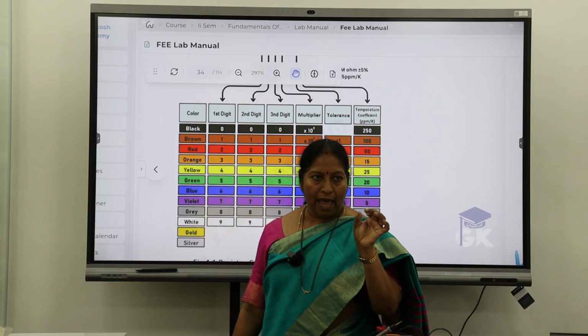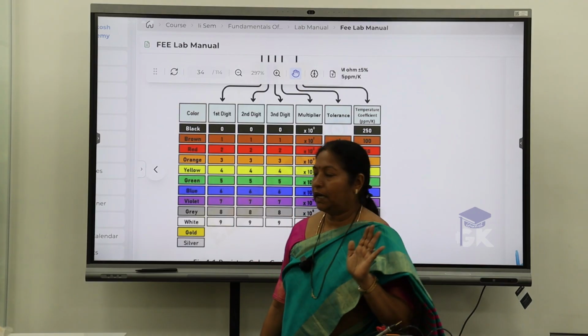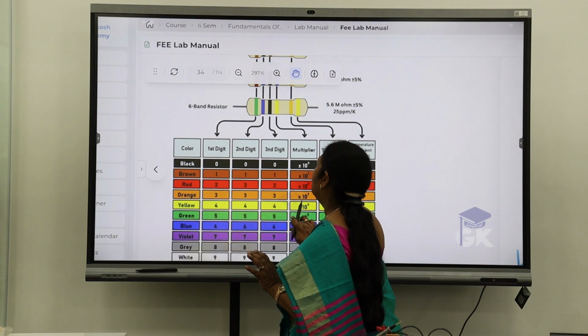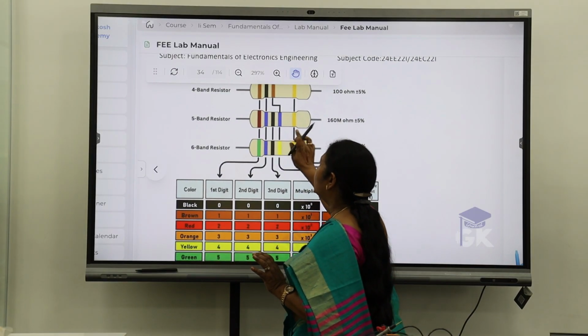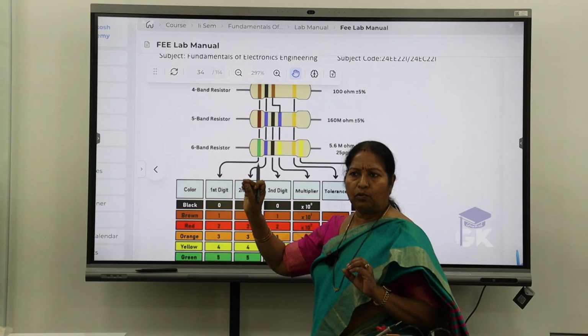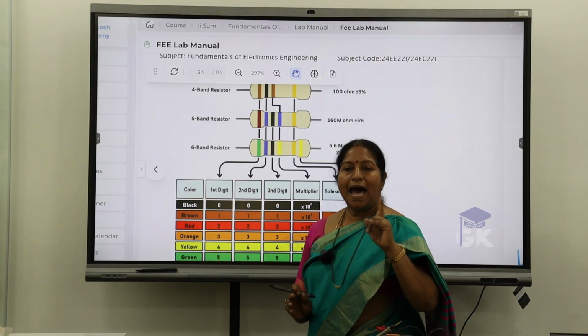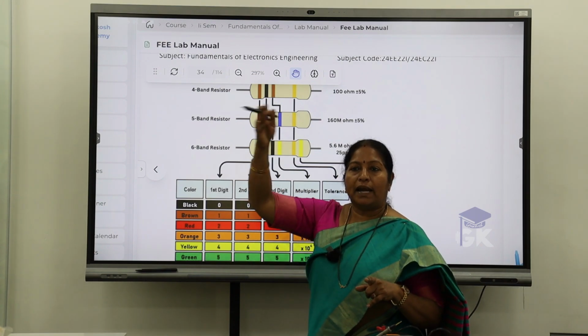This is the first band you can see. A set of bands will be either 3 or 4. Suppose there are 4, then 1, 2, 3 are written down as they are, whatever the color code value is. That is the digit value. The last band is the multiplier, 10 raised to that value.